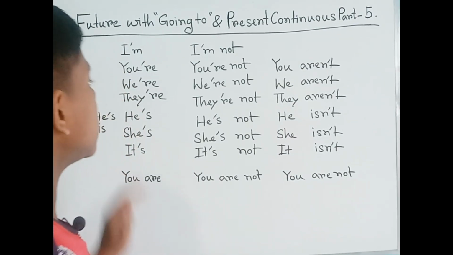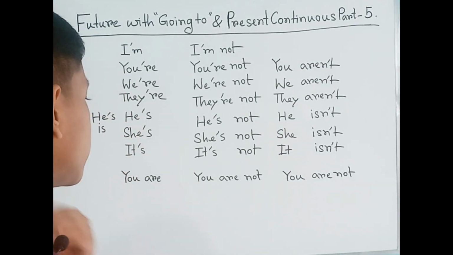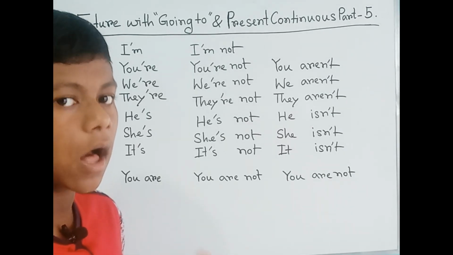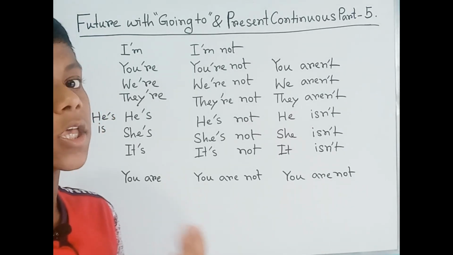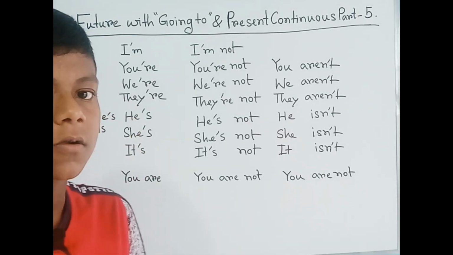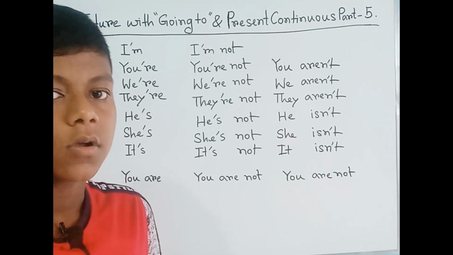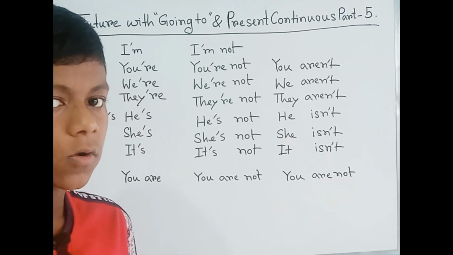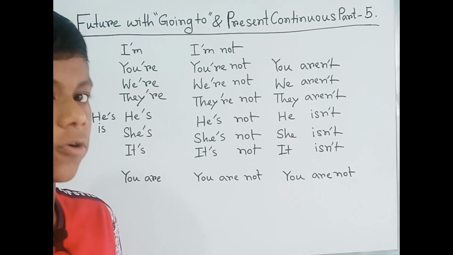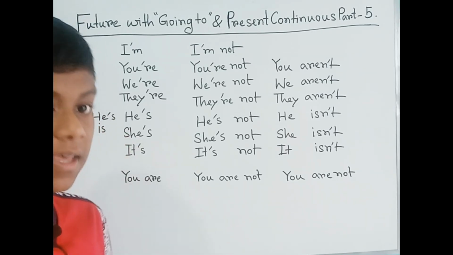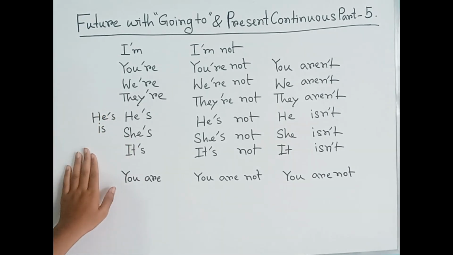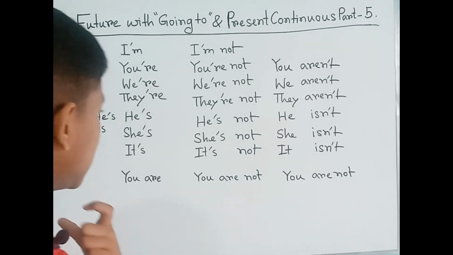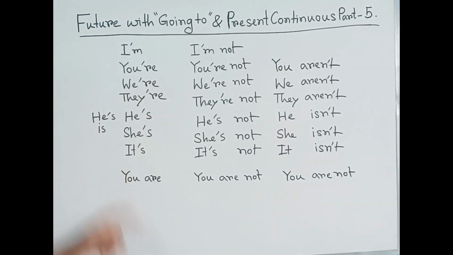Okay, so here in positive, we are watching I'm, you're, we're, they're, he's. Here, he's indicates he is.